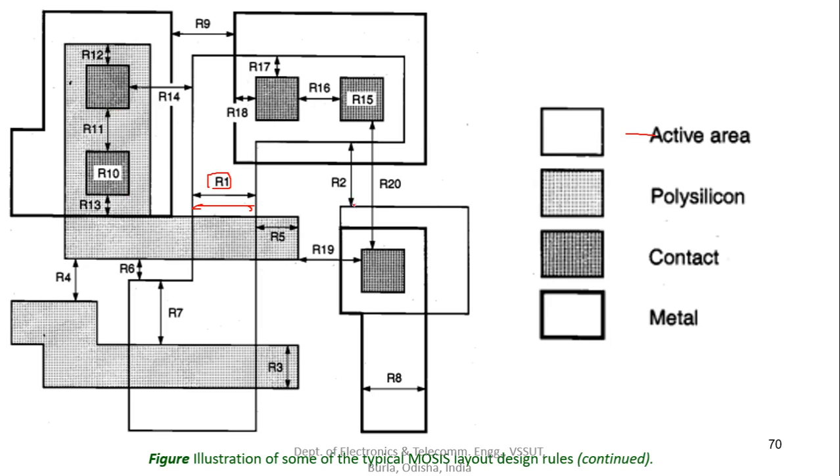This one. This is one active area, this rectangle, and this is another active area. The spacing between any two active areas should be at least R2. Look at the distance between this active area and this active area: it should be R2, that is again 3 lambda.